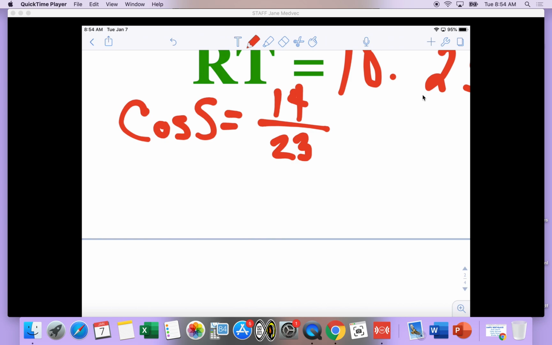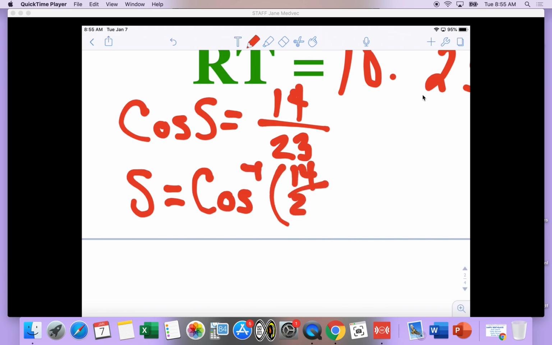Okay, and now what do I do? S equals, because it's the angle, what am I going to write down? Cosine, or the inverse cosine. Inverse cosine, right. And it's 14 over 23. You'll notice it's a lot less work to find angle measures on this kind of stuff with the inverse cosine. So S equals, take your calculators, clear it, second inverse cosine, 14 divided by 23.